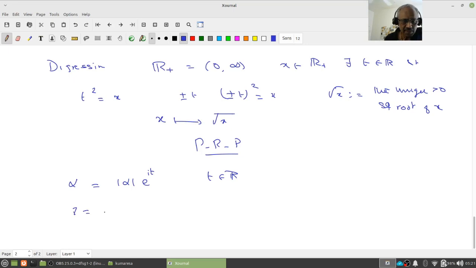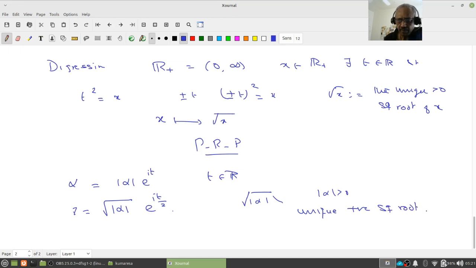Take z equal to square root of mod alpha and e power i t by 2. And what is the square root of mod alpha? Remember, alpha is non-zero, therefore mod alpha is positive. Therefore, this is the unique positive square root of mod alpha, and e power i t by 2 makes sense.